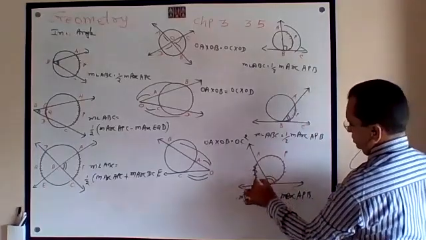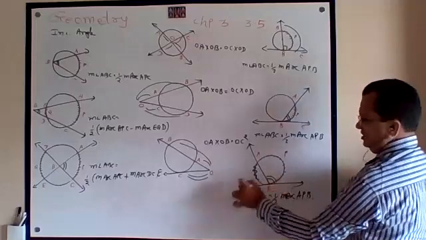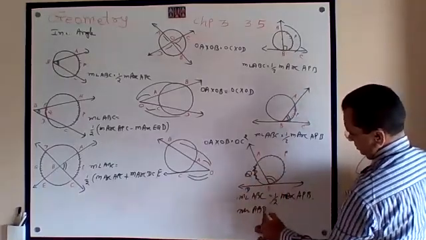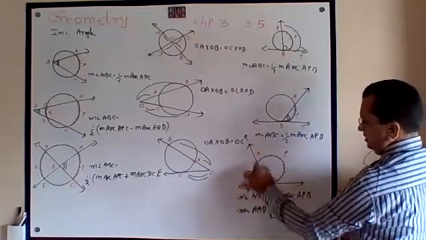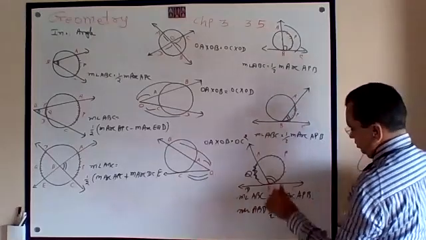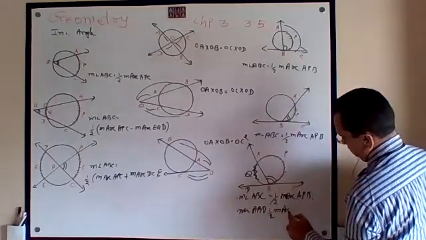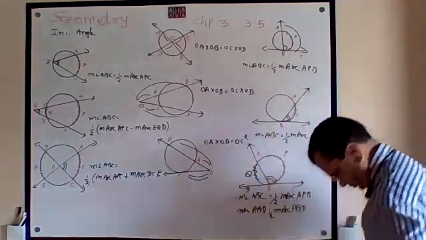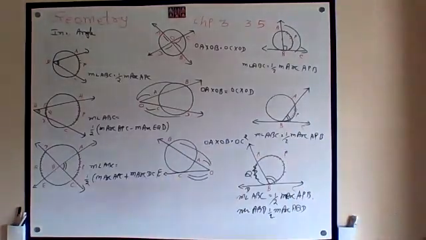Suppose you want this angle ABD, so that is half of the arc inscribed by it, AQB. Like that.